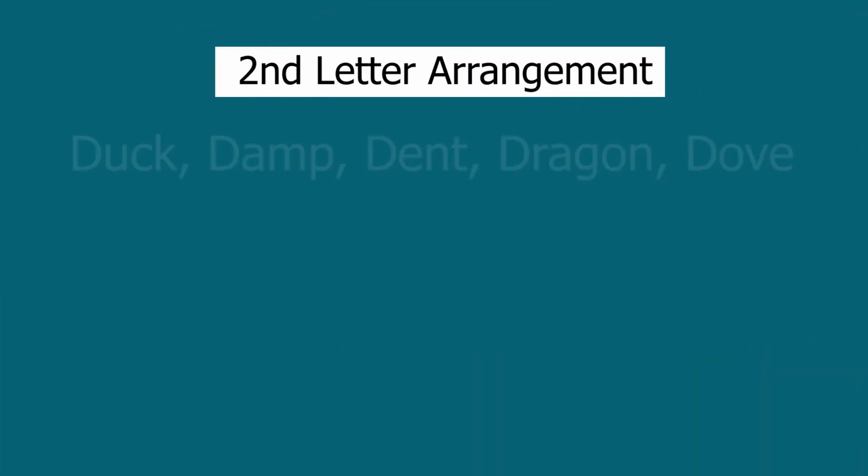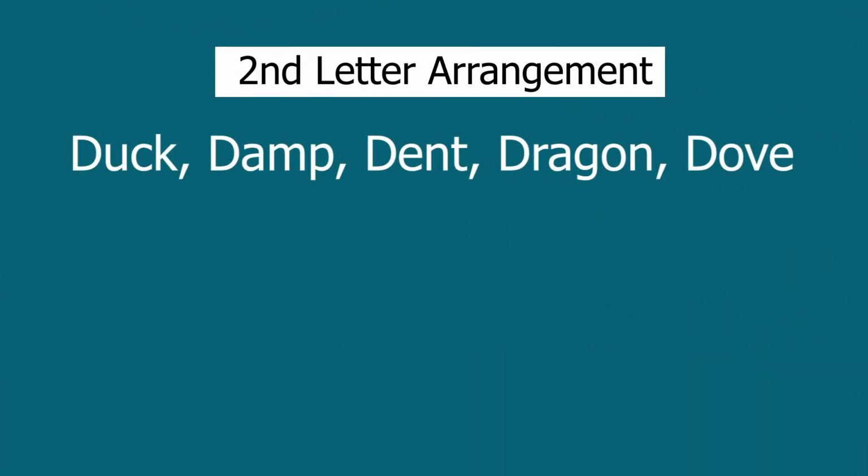Let's take a look. I have a list of words here and they all begin with the letter D. We have duck, damp, dent, dragon, and dove. I'll call those words again. We have duck, damp, dent, dragon, dove.